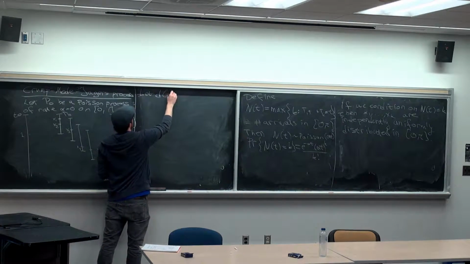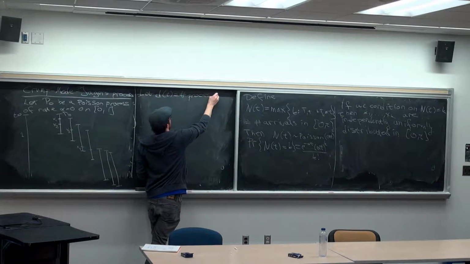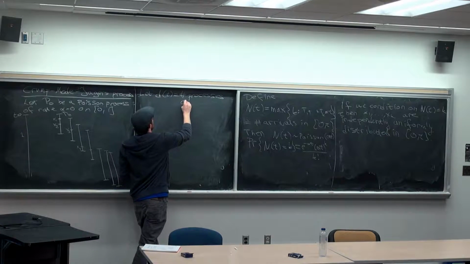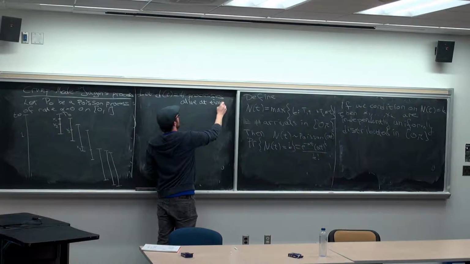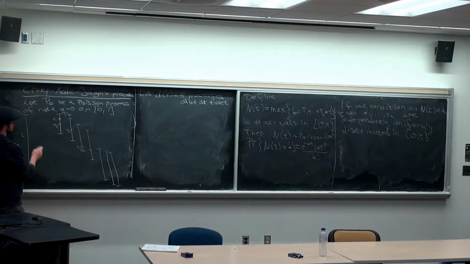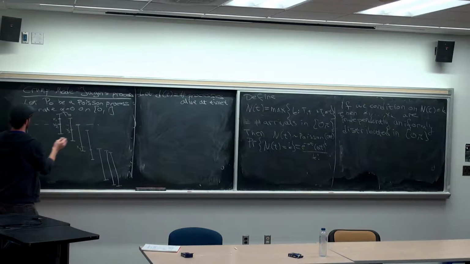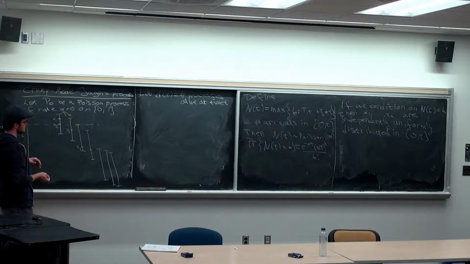Let D of t be the number of processes alive at time t. So this time here is equal to 3. We draw a horizontal line and see how many processes it intersects.